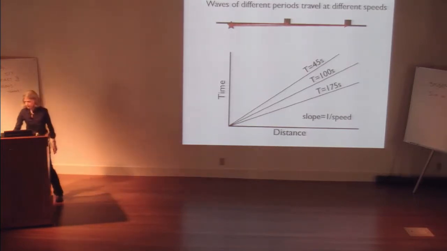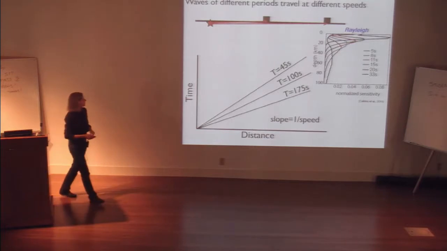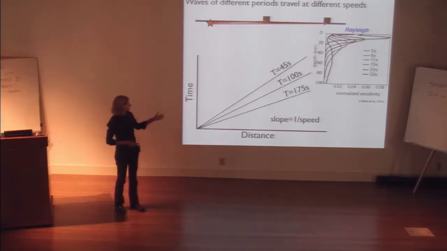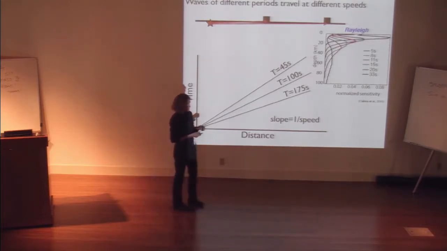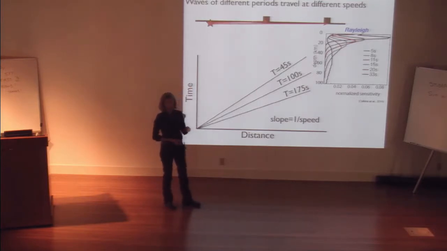We also saw that waves with different periods have a different sensitivity to the structure with depth. If I change my shear wave velocity at some depth, that's going to have an effect on how fast the surface wave propagates, but the effect is going to depend on the period of that wave.